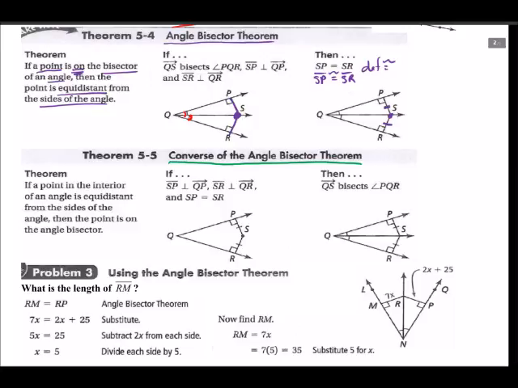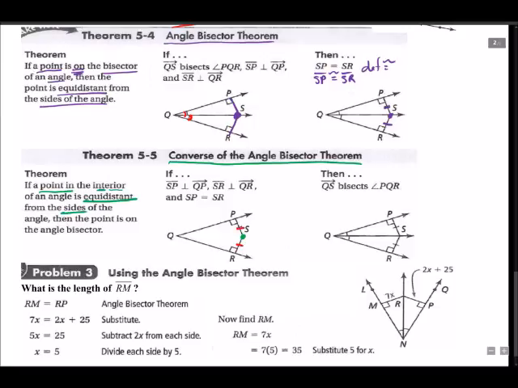So what's our converse going to be? It says if you have a point, and the interior is kind of important, has to be inside the angle. If a point is equidistant from the sides of the angle, so we have a point and it is equidistant.